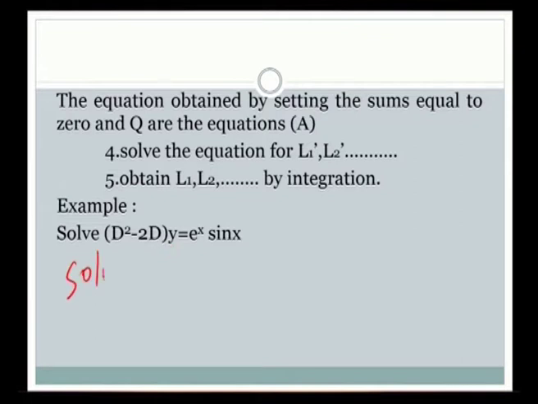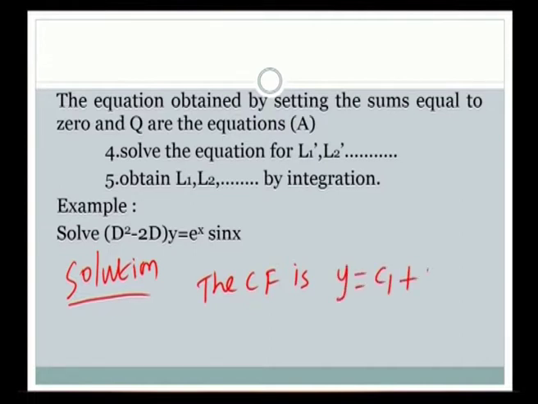First find the complementary function. The complementary function is y is equal to C1 plus C2 e power 2x, where D square minus 2D is factorized and we get the roots. Those roots are substituted to get this complementary function.